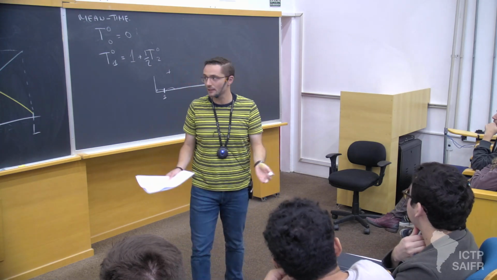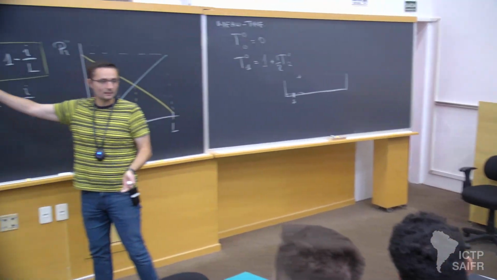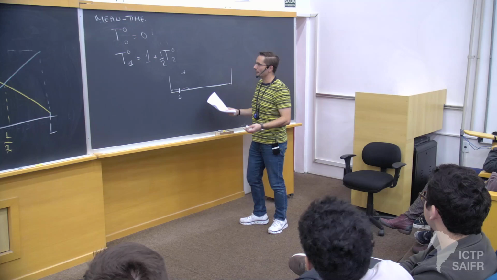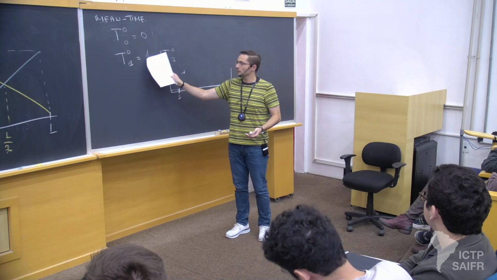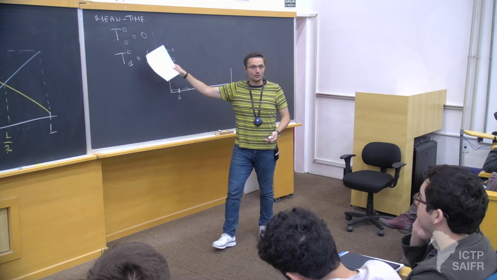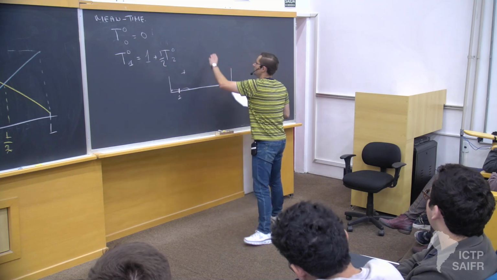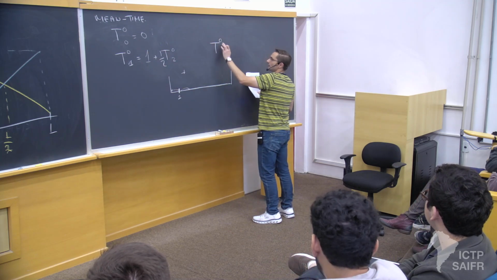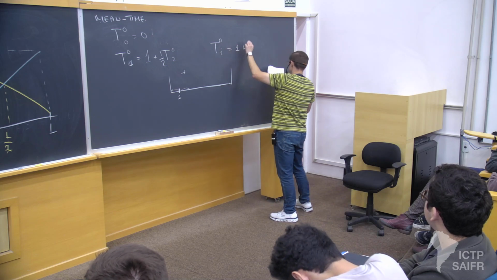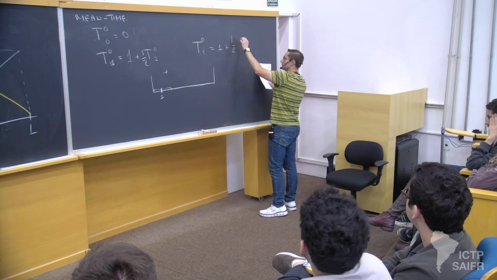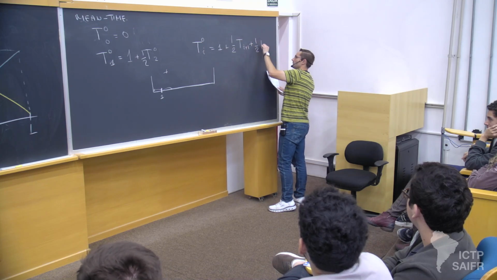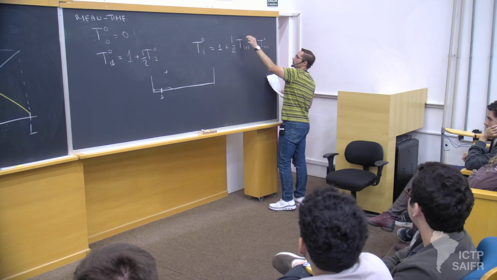That is the key difference. Here I was only asking about probabilities, but now I need to account for the time. And that, at the end, is going to introduce an additional term in my recurrence relationship, which is this one here. So in general, the time it will take you to reach 0 from I is equal to 1 plus 1/2 t I plus 1 plus 1/2 t I minus 1, with boundary values 0 and 0.